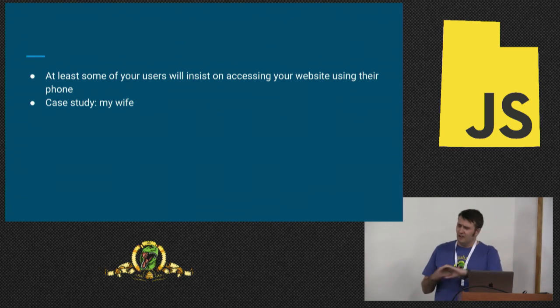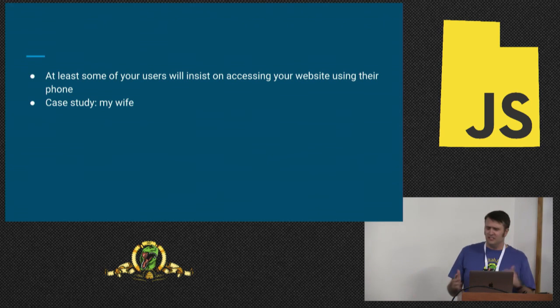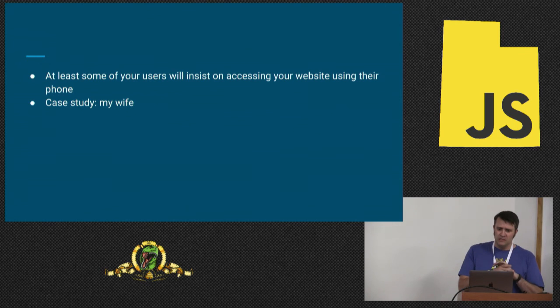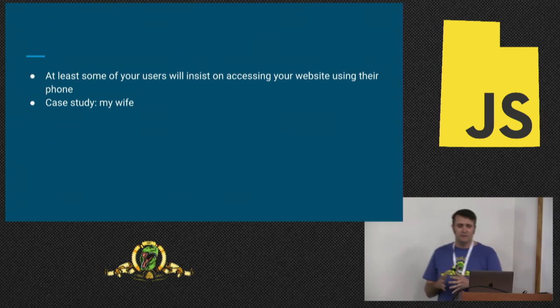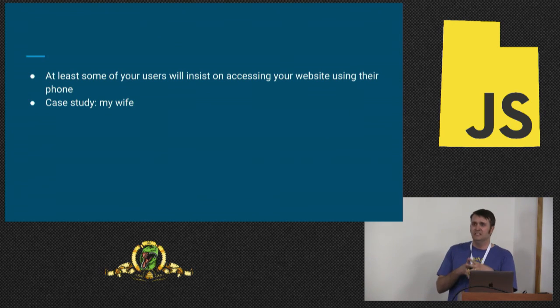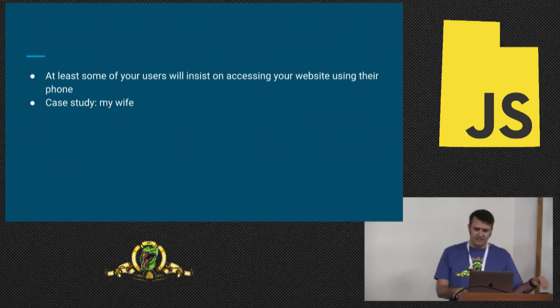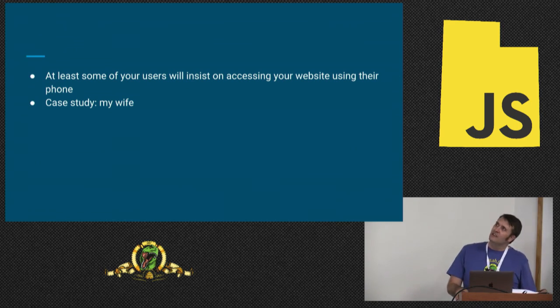When she's at work, she uses all of the tools available to her, figures out all the best things. She's an elementary school teacher. When she's at home, she will not touch a laptop. She uses her iPhone for everything. So if your website does not work on her iPhone, she's not going to use your product. She's actually really insistent about that. So she's kind of living on the edge, pushing developments in technology.